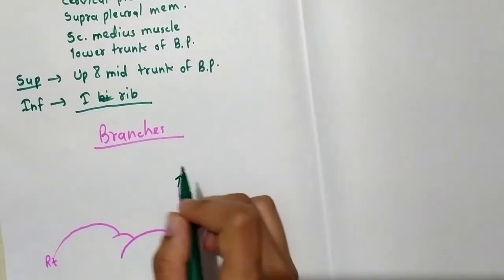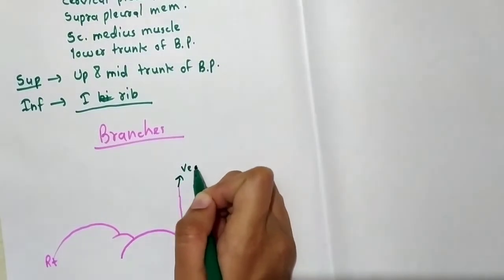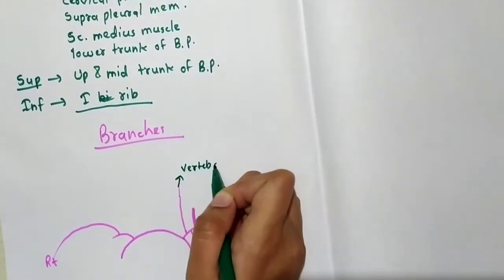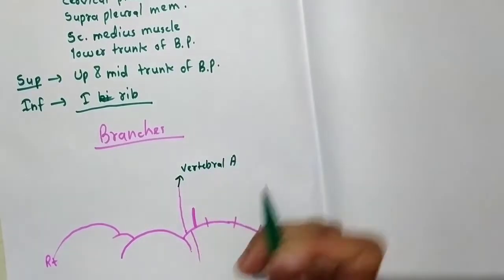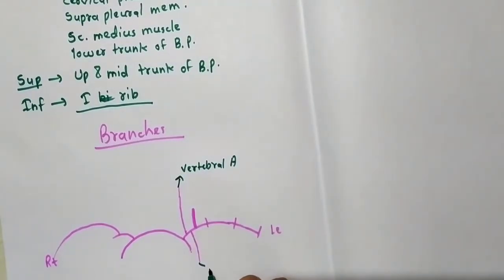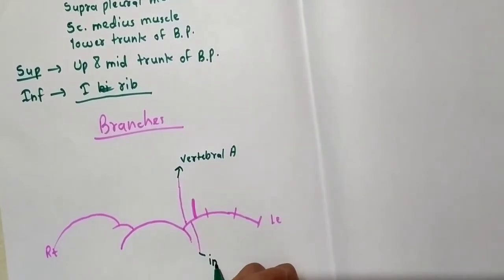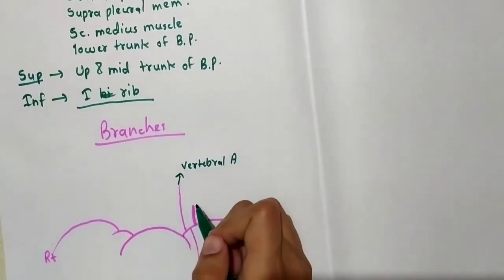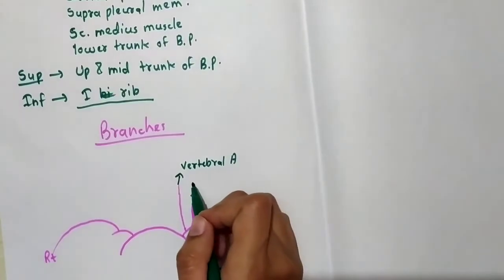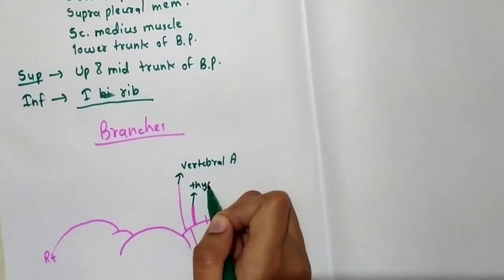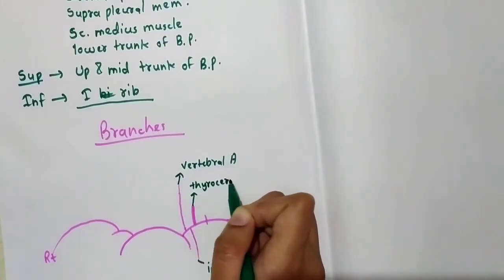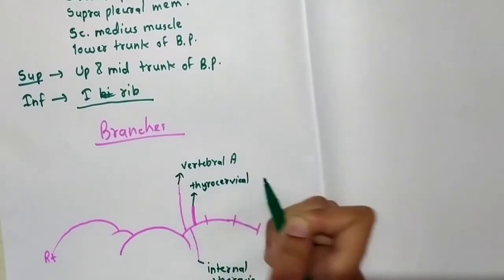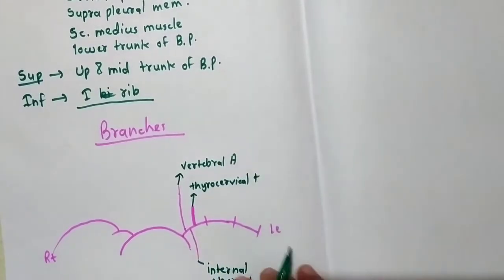This one is the vertebral artery. This one is the internal thoracic. This one is the thyrocervical trunk.